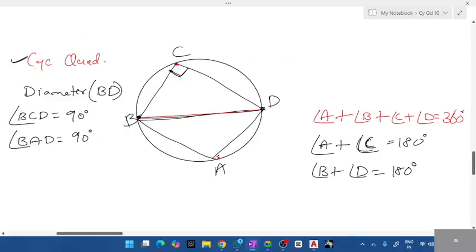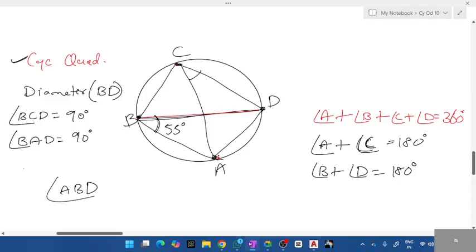So yeah, try to do it in this order: cyclic quadrilateral, diameter. Then go with the center and circumference concept. Now let us take angle ABD. What's the value of angle ABD, students?